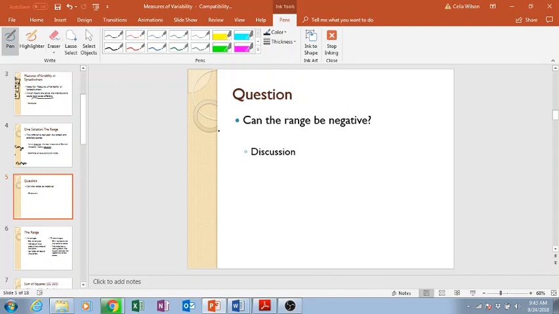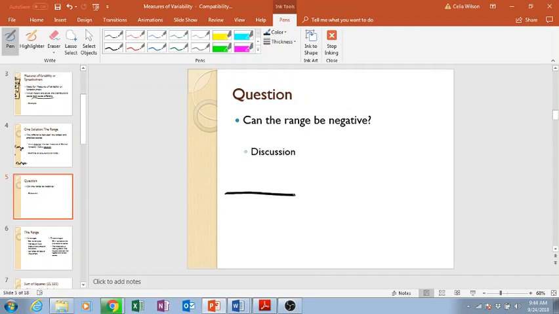All right, so a couple things I want you to remember. You might want to pause it here and think about that first, because I'm going to go on. If the range is a measure of spread outness, right?